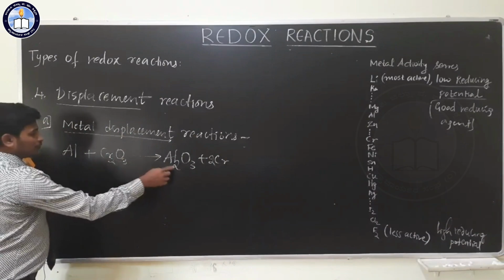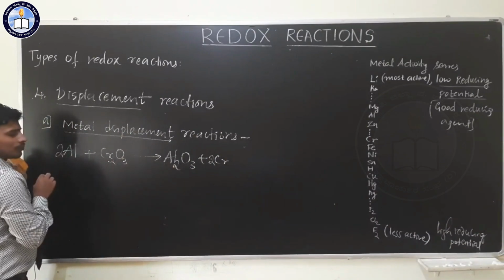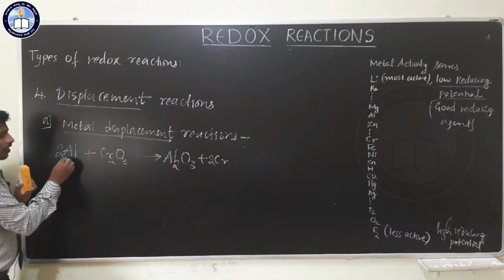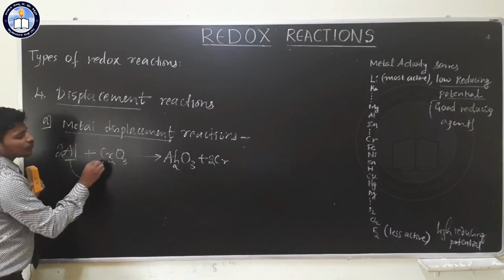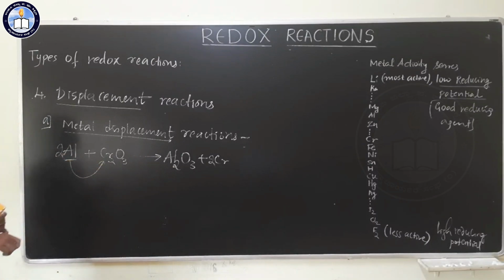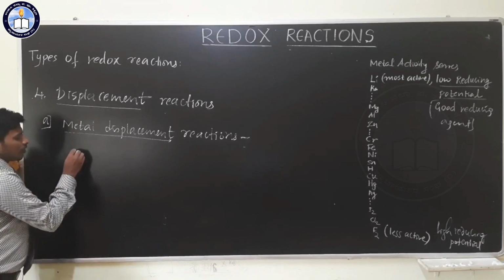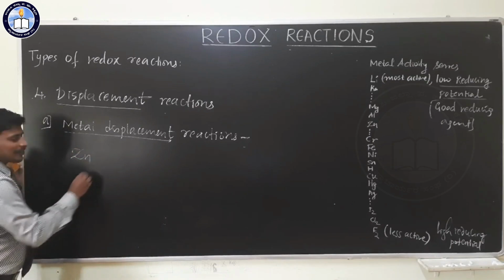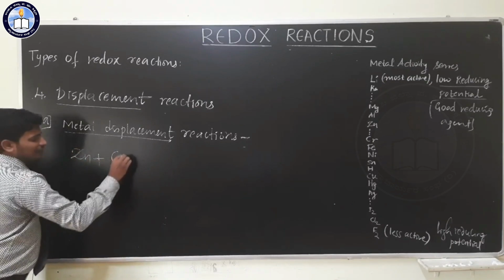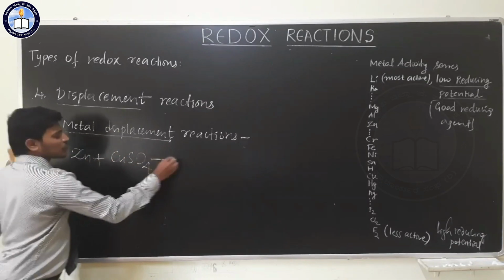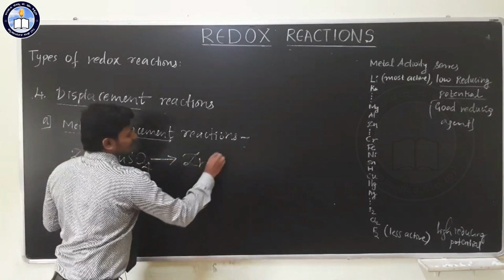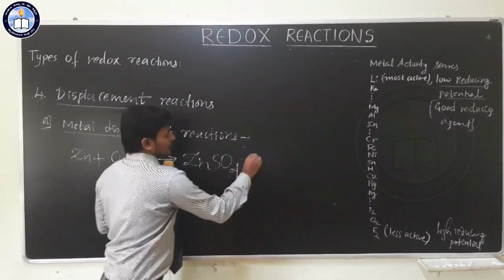Then aluminium 2 here means I have to write 2 here. In this case aluminum is replacing chromium, and this is known as a displacement reaction. Another example: zinc reacts with copper sulfate and gives rise to zinc sulfate plus copper.